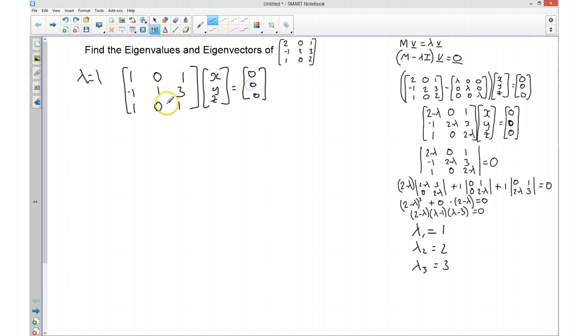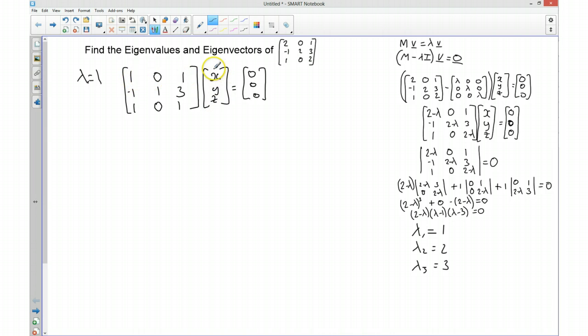Okay, so now from here I've got 1x plus 0y plus 1z is equal to 0, and I've also got negative x plus y plus 3z is equal to 0, and 1x plus 0y plus 1z is equal to 0 again.